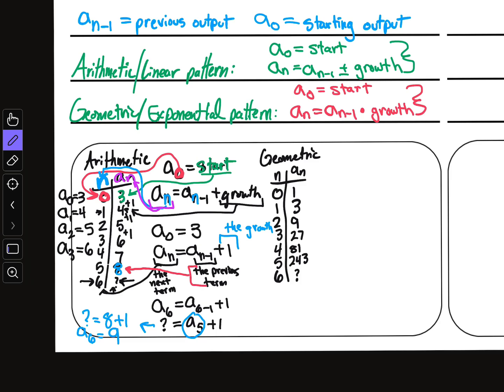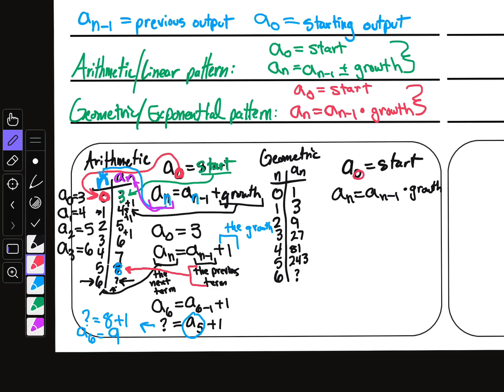Now, for the geometric, same exact idea, okay? We have a sub 0 equals our start number. We have a sub n equals a sub n minus 1 times our growth. If I look at this one, again, this 0 is represented here, so I'd go a sub 0 equals 1, okay? Again, that start connects here.